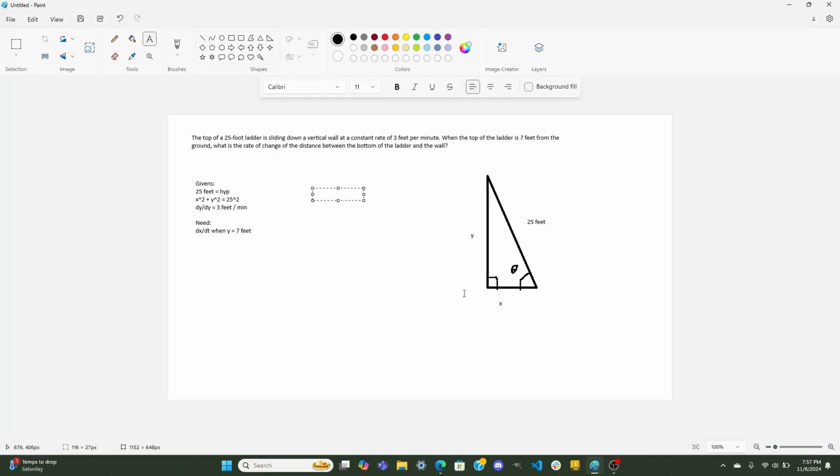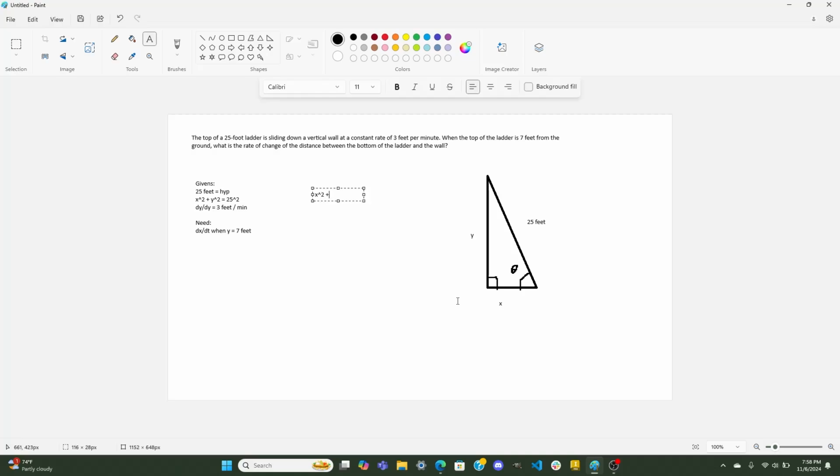So now that we have everything we need, we need to find out what x is when the top of the ladder is 7 feet off the ground. We need to find what x is because we need to use that for our derivative equation. So we can start that by putting the equation forward.